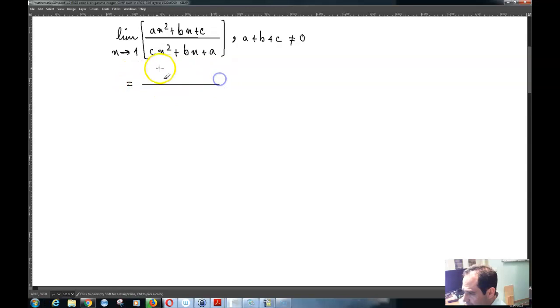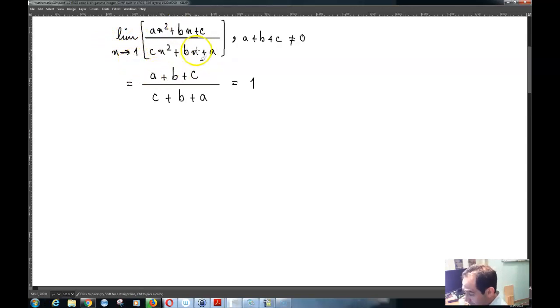You would get basically a times 1 plus b times 1 plus c over c times 1 plus b times 1 plus a, and since a plus b plus c is not equal to 0, which means that the denominator is not equal to 0, this is equal to 1.